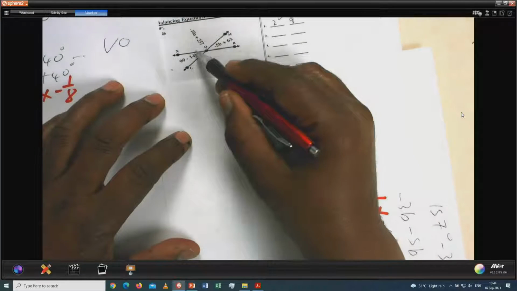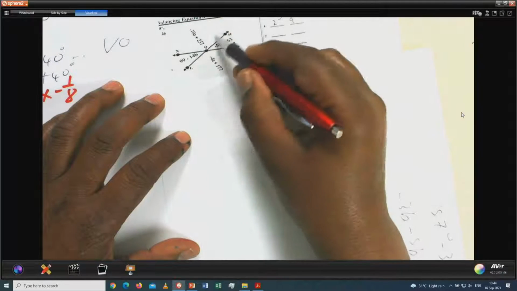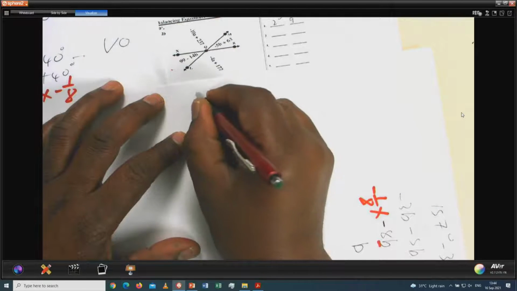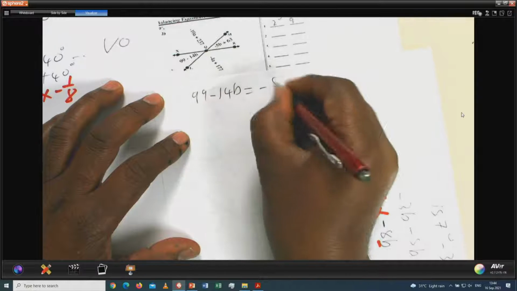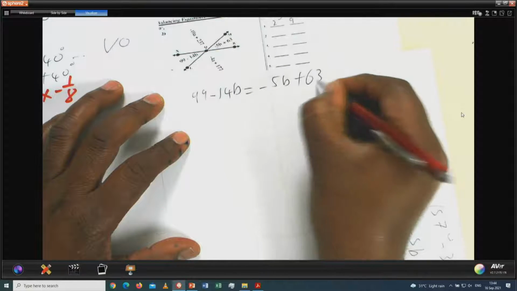Right? Again, you can start anywhere, but vertically opposite. Vertically opposite. So therefore, you are doing this over and over again so that we understand vertically opposite and your algebraic equations and expressions. Here it says 99 minus 14B equals minus 5B plus 63.